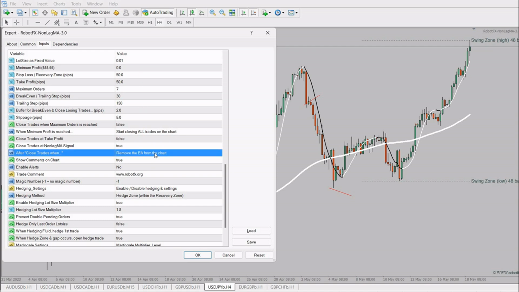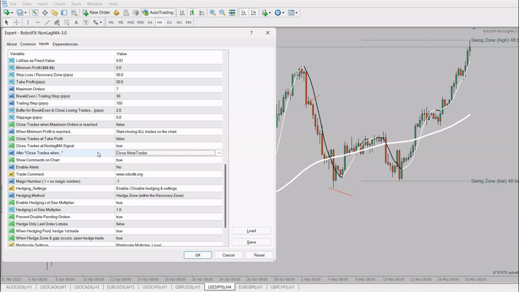And after that, you don't want to open any trades on the chart. Maybe there was a consolidation zone, maybe you want to analyze the chart. You just don't want the expert advisor to place more trades on that chart. That gives you time to analyze what the price might do. In that case, this is a useful option. Just remove the EA from the chart as soon as it has closed all those trades.